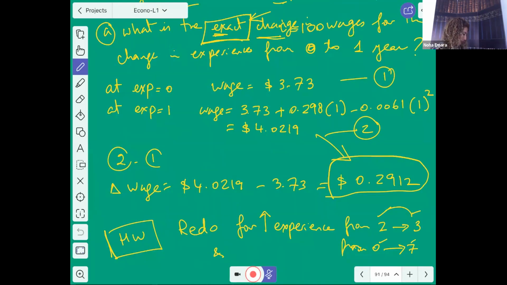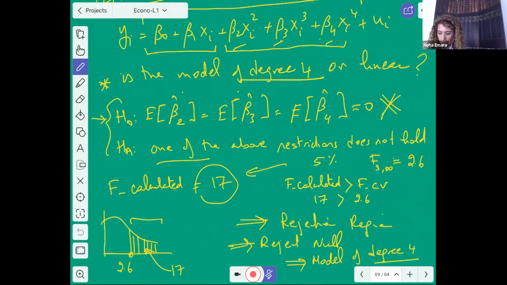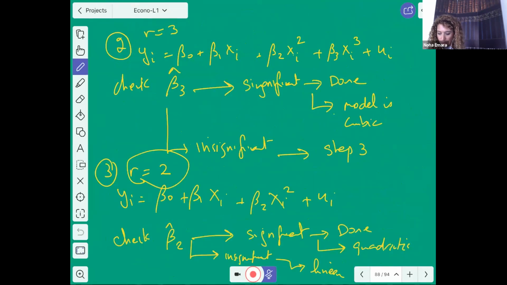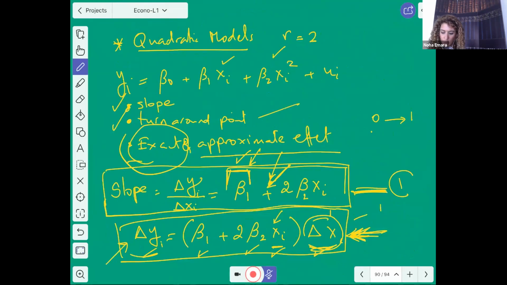Okay, so what else? Let's see the turnaround point. I'm giving you the wage and experience example, and I might be asking you, what is the turnaround point of experience? Yes, the relationship is positive. As you accumulate more years of experience, your wage will increase.